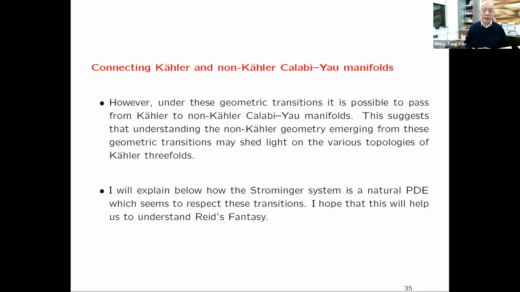So there's a geometric transition that we would like to discuss now. As I said, proposed by Clemens and Friedman, and then later by Miles Reid. So you go from a Kähler manifold to a non-Kähler Calabi-Yau manifold. What the fantasy says is that every Calabi-Yau manifold can be deformed to each other, but the deformation goes through non-Kähler Calabi-Yau geometry.